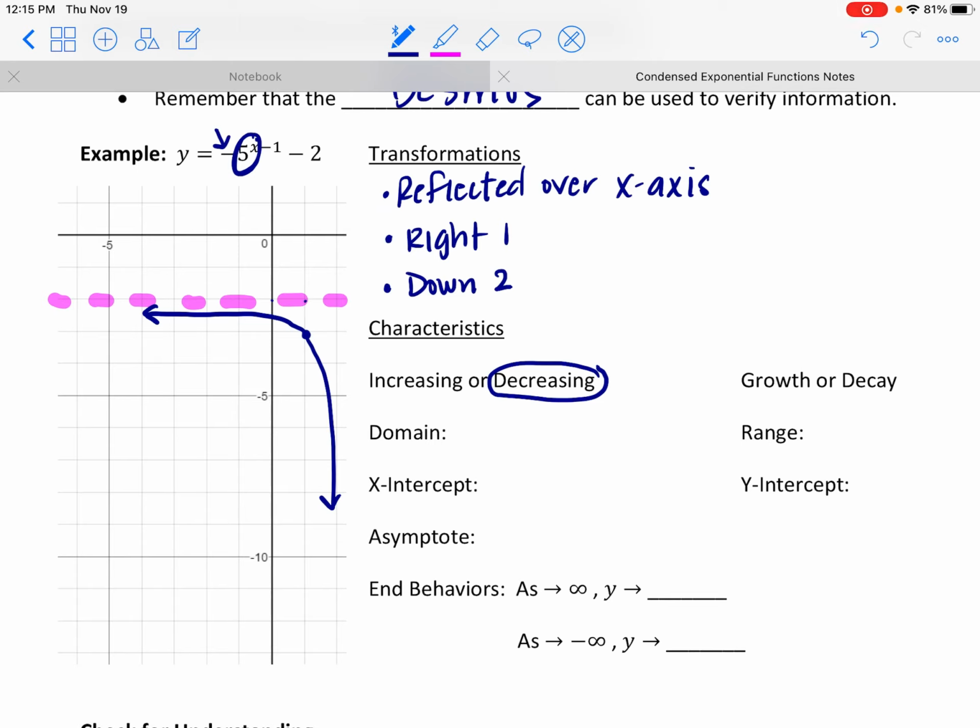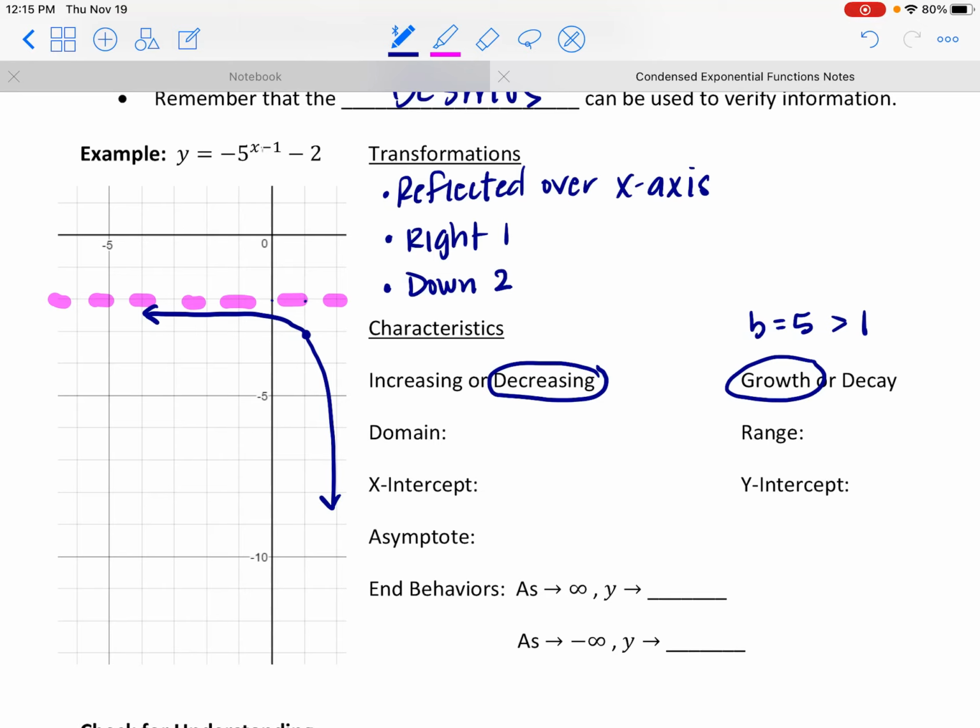So what we call this is negative growth. It is growing in the negative direction. So it's still growth, because the base is 5, and that's bigger than 1. The negative doesn't go with the base there. The base is just 5. So what we're looking at to determine if it's growth or decay is the parent, without all those transformations in there.